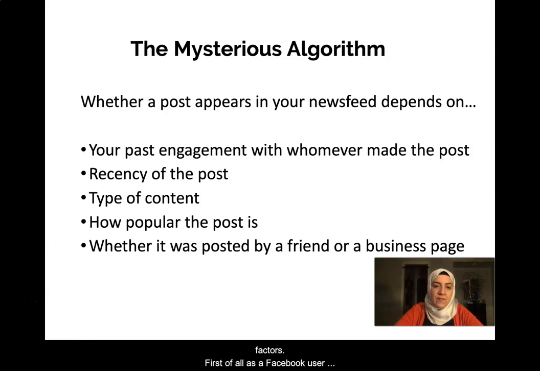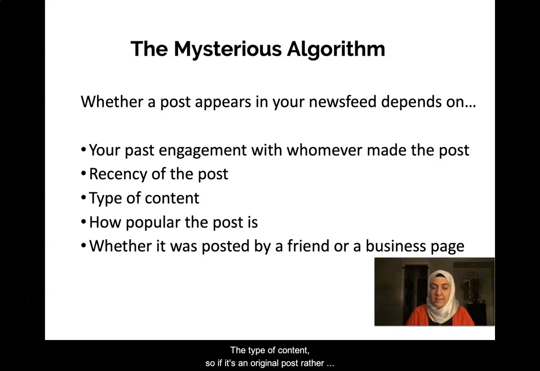So there's a number of factors. First of all, as a Facebook user, your past engagement with whomever is making that post plays a big role. So if it's a brand or a person that you engage with a lot, you're liking and commenting on their stuff all the time, more stuff from them is going to appear for you. How recent the post is, the type of content.